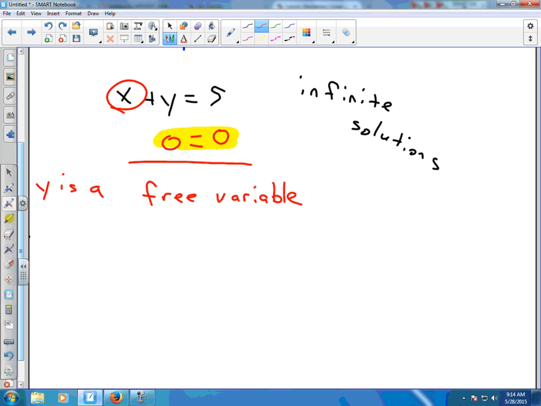So they'll often say, like in WebAssign, if you have a free variable, start out by naming the first free variable t. So we're going to say y can be any number. Instead of y having to be exactly 5 and x being 3, let's say y can be any number t.